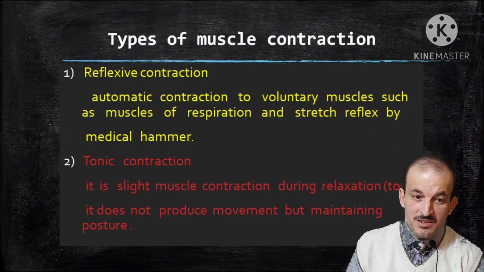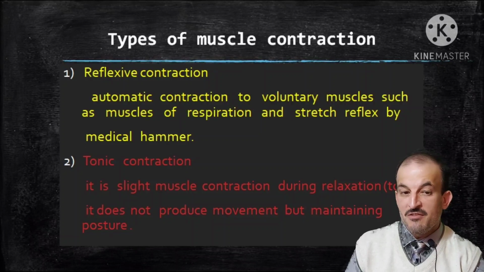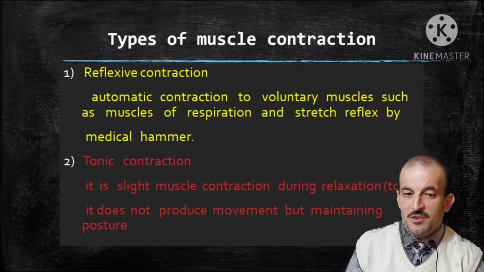Another topic is the types of muscle contraction. We have three types of muscle contraction. We have reflexive contraction, which is done by a reflex, called automatic contraction, to voluntary muscles, such as muscles of respiration and the stretch reflex by the medical hammer of the doctor.